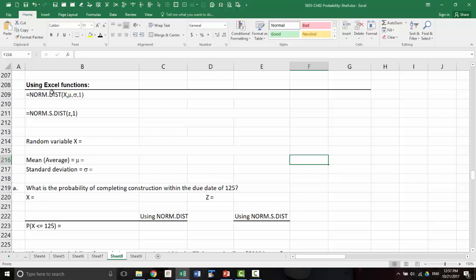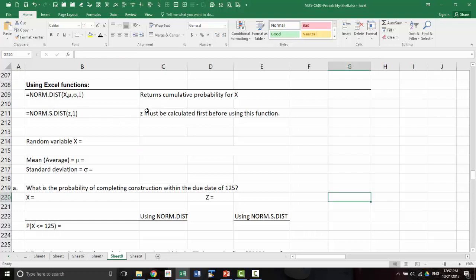This one returns the probability directly from x, but you have to specify what is mu and sigma. But if you want to use this function, you have to first convert x into a z yourself. So z must be calculated first before using this function. And again, it returns the cumulative probability.